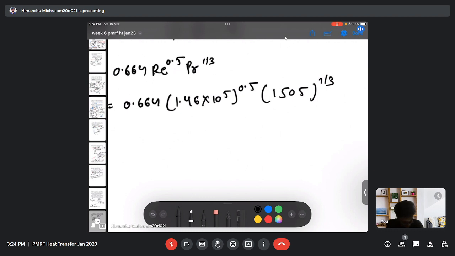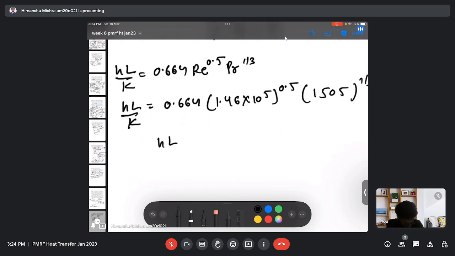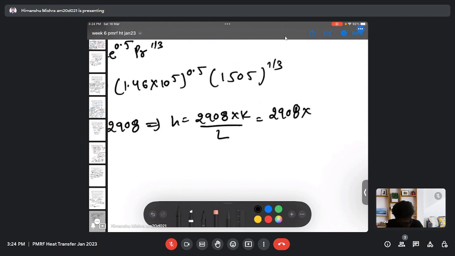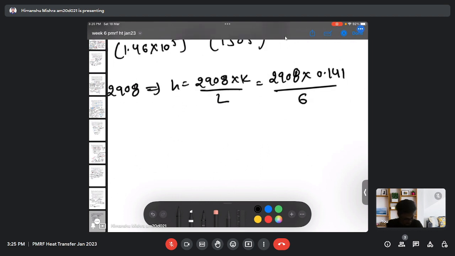So on calculating, we will get, my thermal conductivity is given as 0.141 and my length is 6 meters. So my heat transfer coefficient will be 68.3 watt per meter square Celsius.